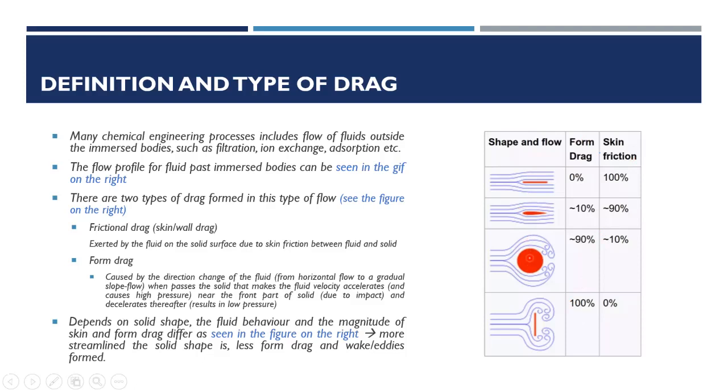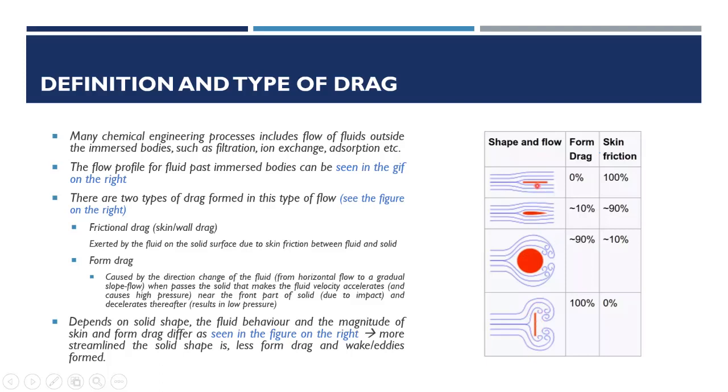You can see this is taller than this, and taller than this. And then this is the not streamlined shape, because it has a very tall height but is very thin. So this is a blunt shape.